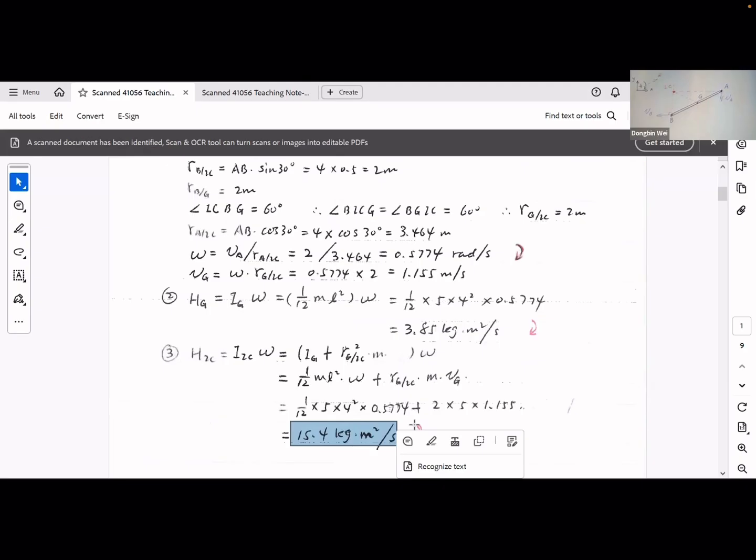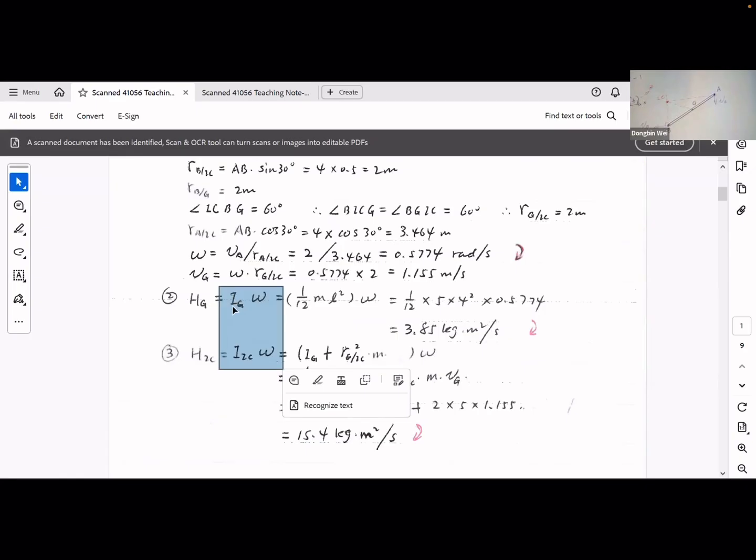Finally, you will have one magnitude. But for angular momentum, the equation looks the same as for kinetic energy, which is IG omega squared. The equations look the same, but they are very much different.